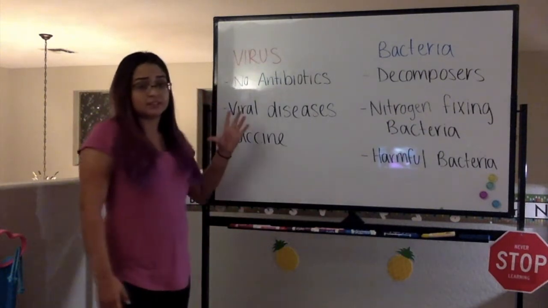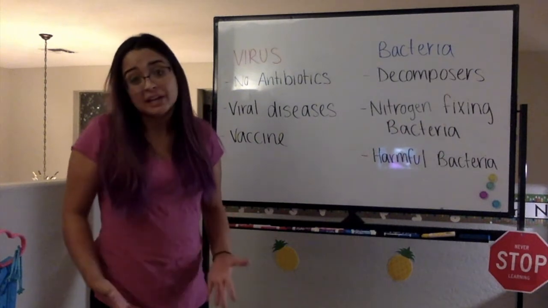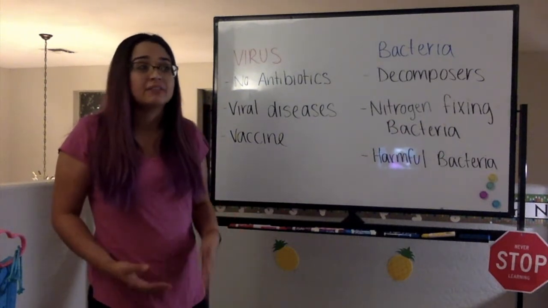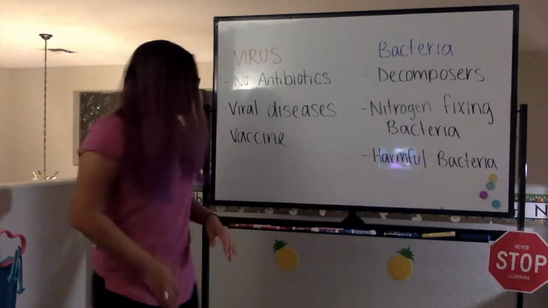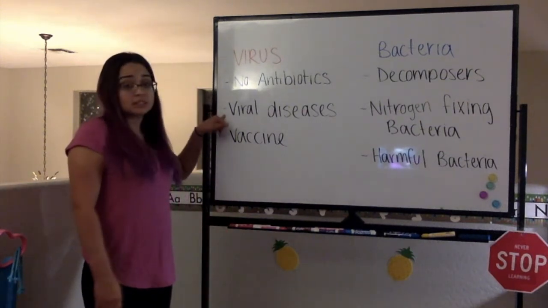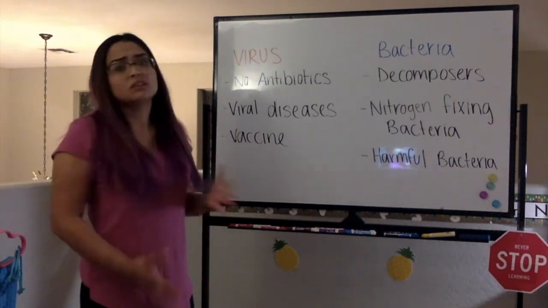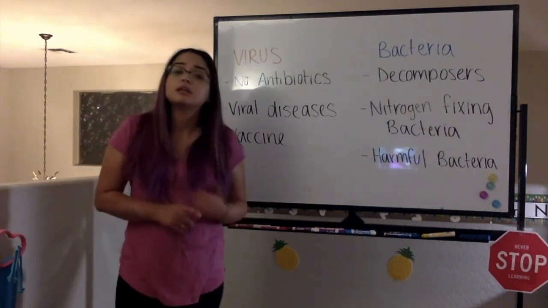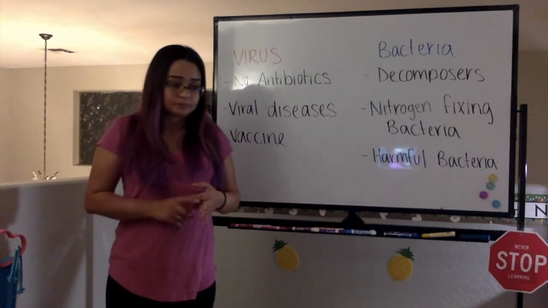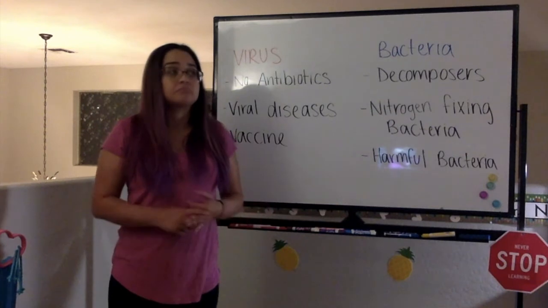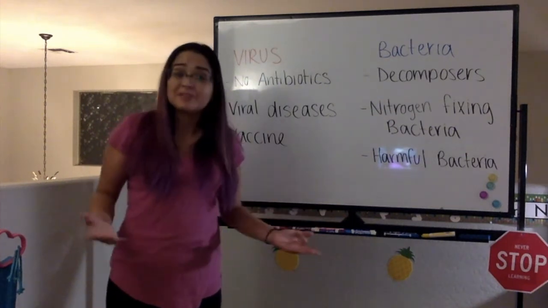Let's start with viruses. I personally hate viruses. Why? Because they don't really have a cure. Let's say you get a viral infection. So, viral diseases. If you get a viral disease, and viral diseases are things like the cold, the flu, chickenpox. A very popular one going around right now, coronavirus.